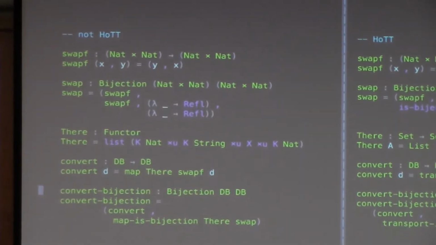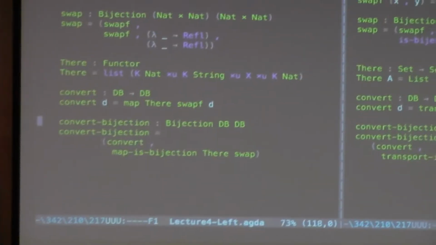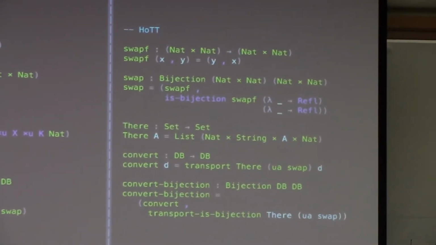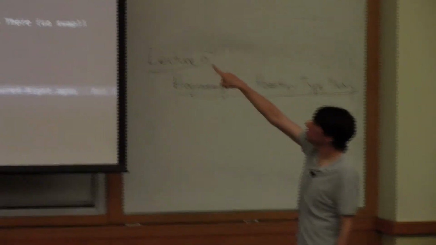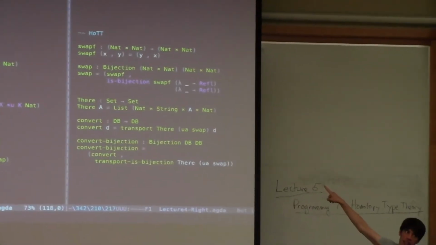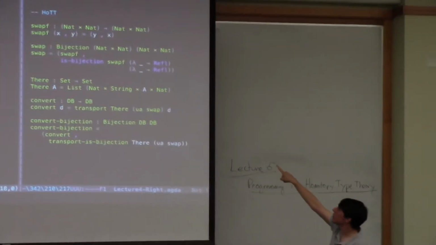OK. And then the big reveal at the end of yesterday was that the homotopy type theory version of this code is essentially the same. We define the swap function in the same way. We prove that swap is a bijection in the same way, except here, if you go grab the code for today, there's a preliminaries HOTT file, and bijection is actually defined there.